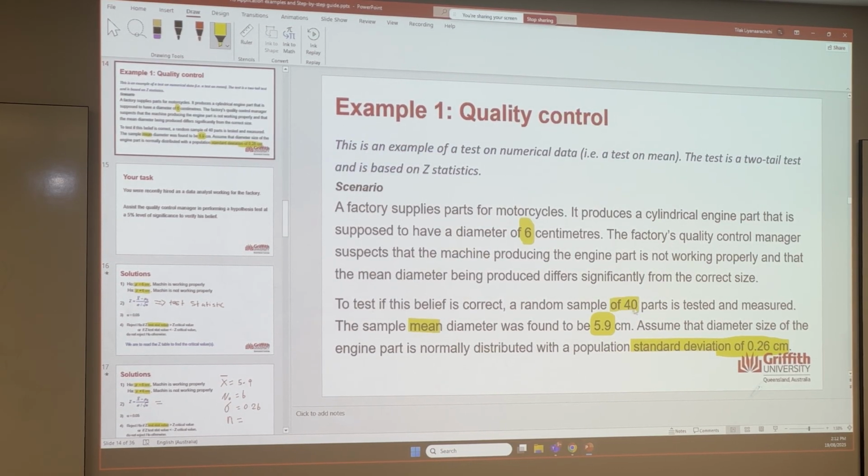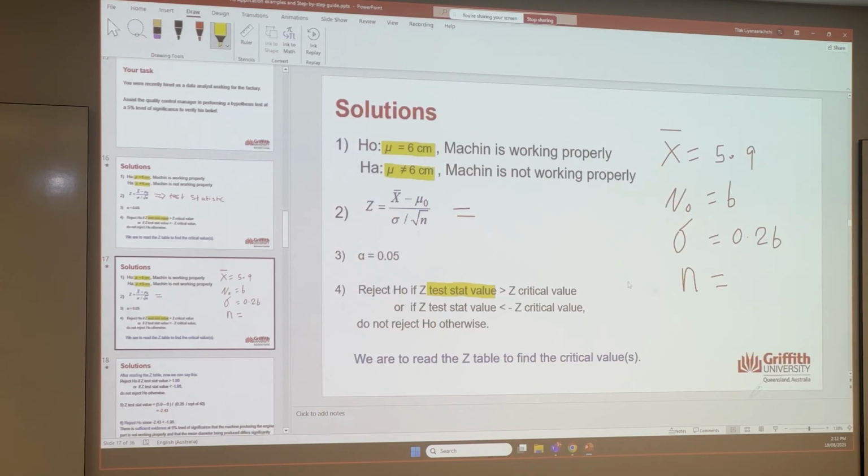This is clear, because for this formula you have all four numbers. So let's put them in: 5.9, mu is 6, and sigma is 0.26, divided by the square root of n, which is 40.